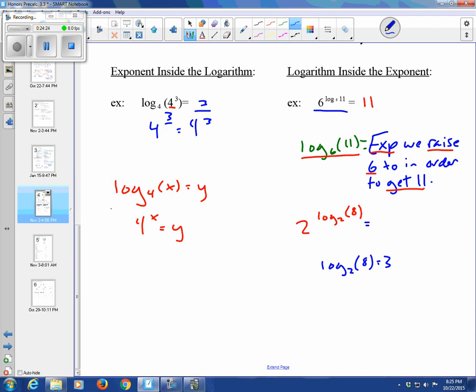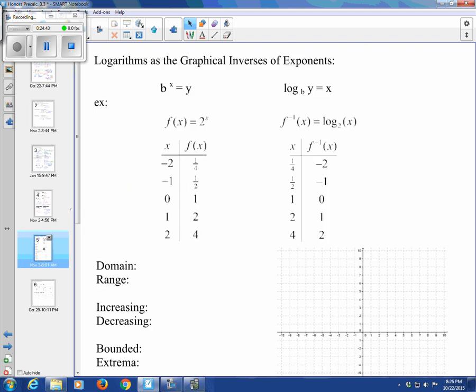So right here, we would essentially be raising 2 to the 3rd power, which would give us 8 back. And again, what we're seeing is that inverse relationship, where here we have the log base 2 inside the exponential base 2, and since those two things are inverses, they will in the end cancel out and give us just our 8.